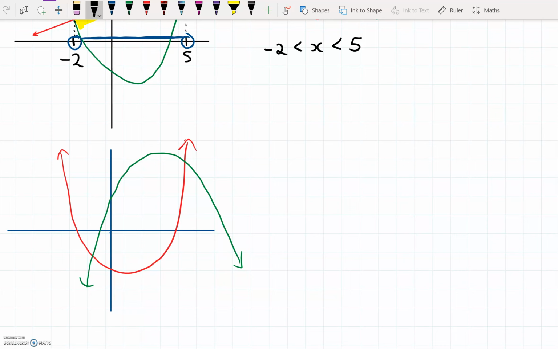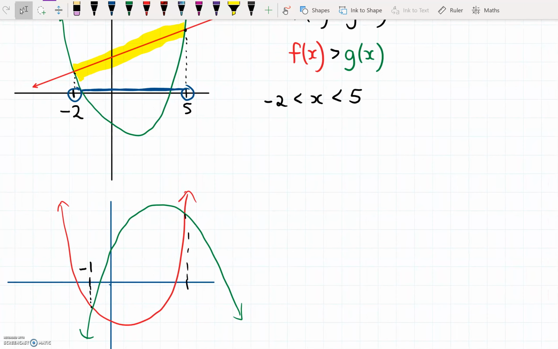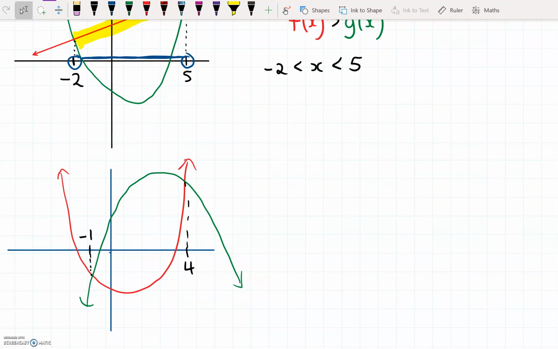We will say that this value here is going to be -1, and this value here can be 3.5, or let's just make it 4. It doesn't really matter, this is just as an example.